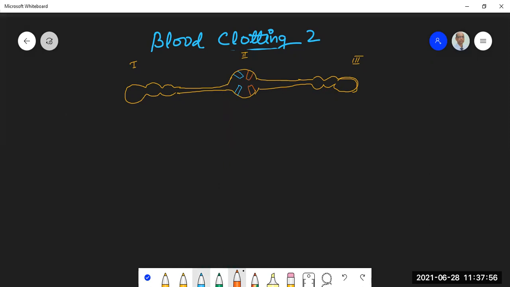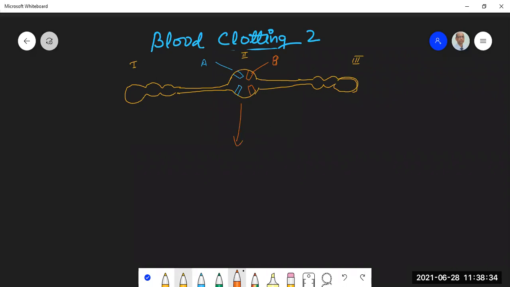The one in blue are A and the one in orange are B peptides. Now you know A are associated with alpha subunit and B are associated with beta subunit, and both of them are attached to their respective subunits in the central globular region. So this is the structure of the fibrinogen molecule: 330 kilodalton, 3 different types of subunits, 2 different types of fibrinopeptides. Now what happens?